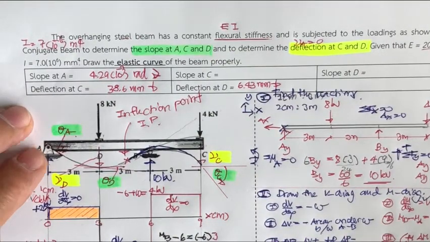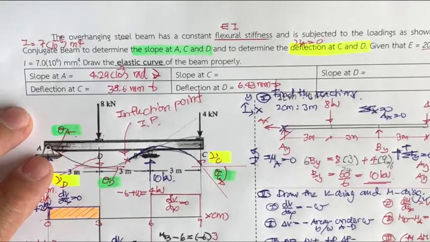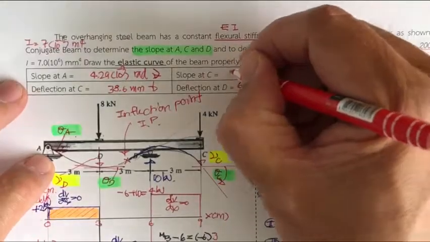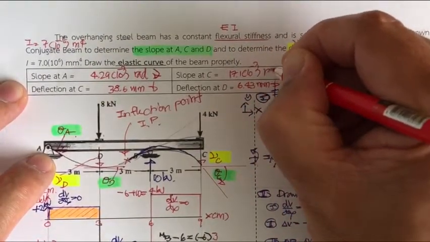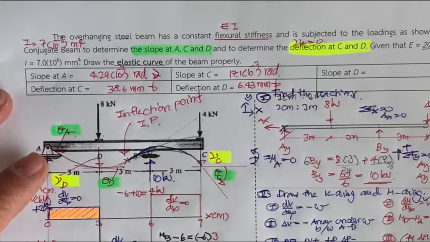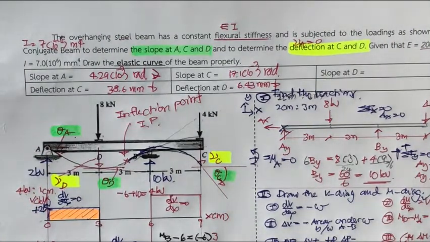Slope at C is going to be 17.1 times 10 to the minus 3 radian. We check later how it's going to rotate.